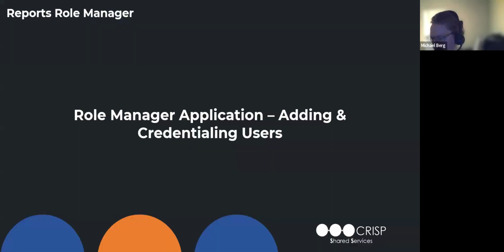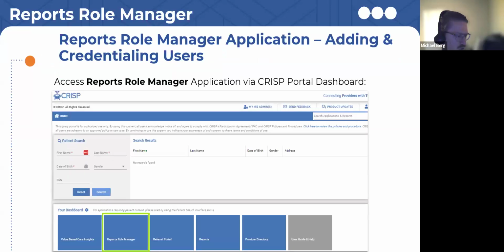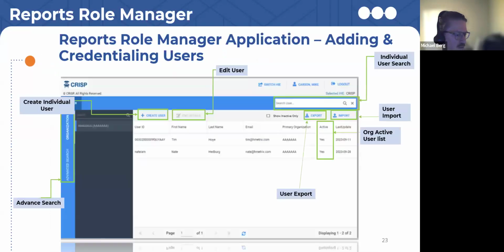So step two, diving into the CRS POC role. Their Role Manager access would also be available through the CRISP portal dashboard. Let's pause to go over the user interface, and we'll be doing a live demo of this as well.